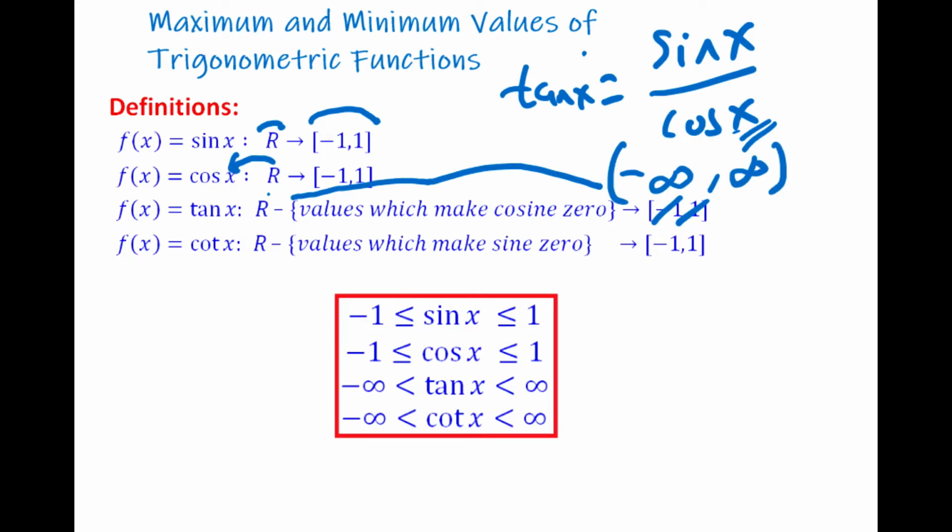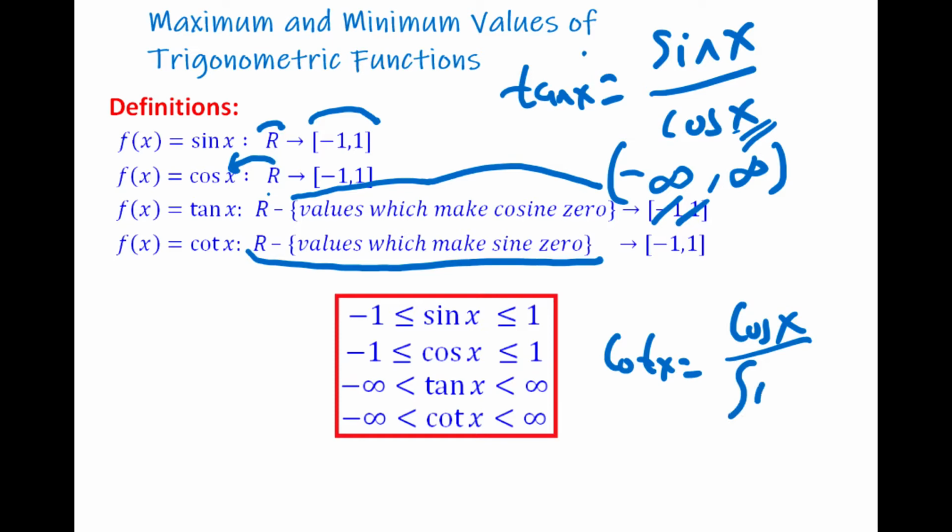For cotangent, we're going to have a similar thing. We can give any value for x, except the ones that make the sine 0. Why? Because cotangent x is cosine x divided by sine x, guys. Because of that, we have a similar situation here, and we cannot divide any number by 0, so it's going to be undefined.